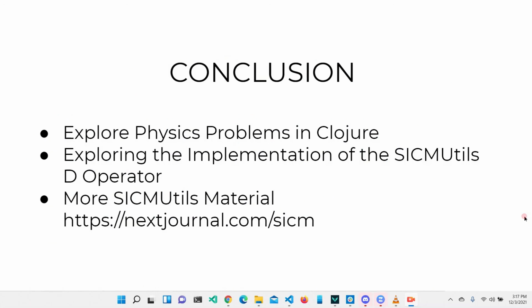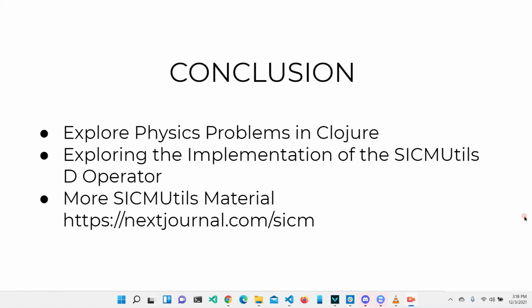During the course of this presentation, we have seen a good workflow for exploring physics problems in Clojure using the SICMUtils library and a few other Clojure libraries. We have also taken a surface look at the implementation of the D operator for automatic differentiation in SICMUtils.